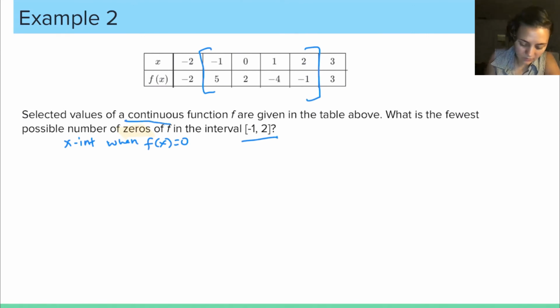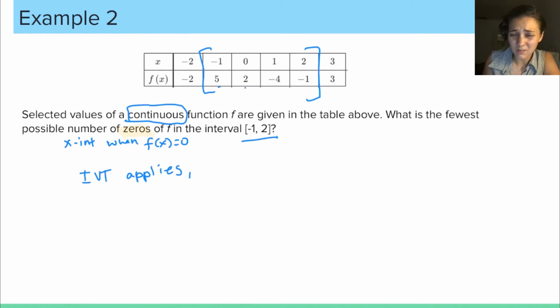It's a continuous function, so I know that IVT applies. So I'm just going to write that down. If the function goes from 5 to 2 in a table, I don't really know what's happening. It could have gone down to 0, like between 5 and 2 it could go down to -3 and then go back up to 2, but I can't guarantee it.